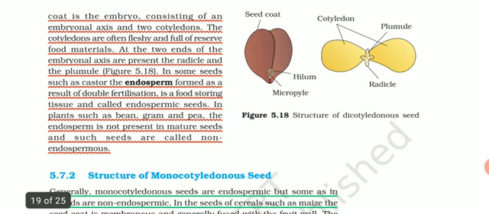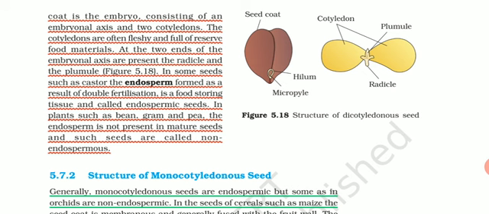In figure 5.18, where the structure of a dicotyledonous seed is shown, you can see that the hilum is a C-shaped scar-like structure, and at the base of this a small pore is present called the micropyle, which helps in absorption of water during germination of seeds. Then the cotyledons are fleshy and full of reserve material, because whenever there is germination, food is required for the growth of the plant.